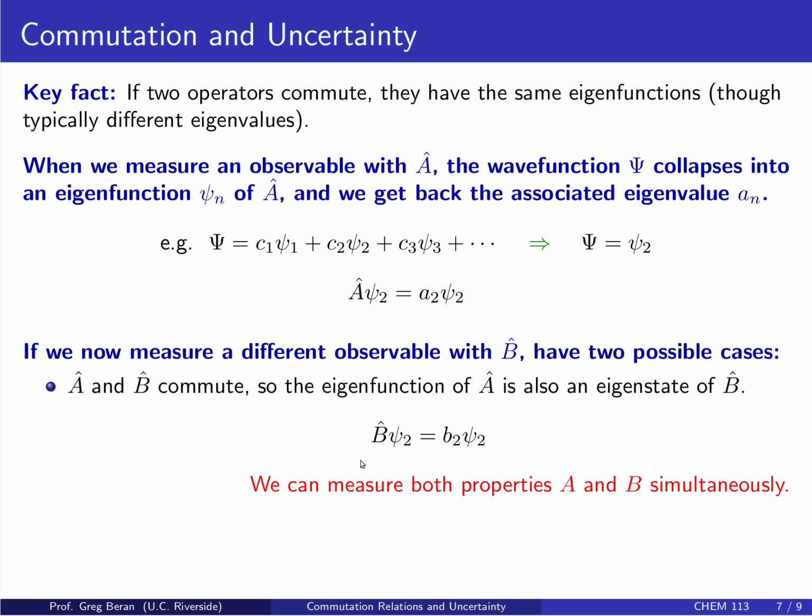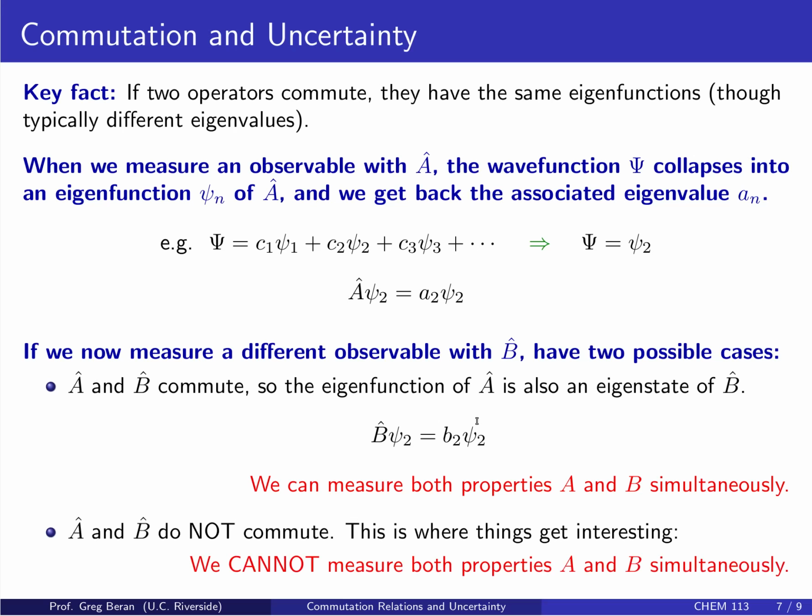Because they have the same eigenfunctions, acting b on psi2 will give us back psi2 with whatever the associated eigenvalue for operator b is. Again, this eigenvalue b2 is probably different from a2 because it's a different property, but they have the same set of eigenstates. So if psi2 is an eigenstate for a, it's also an eigenstate for b. And this allows us to measure both properties a and b simultaneously.